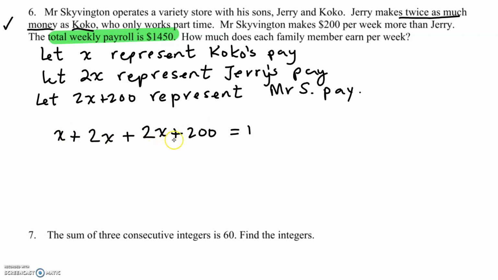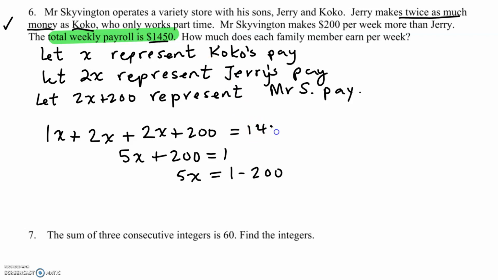And I'm going to collect like terms. So I have X plus 2X plus 2X. I'm going to put a 1 here. So 1 plus 2 is 3, plus 2 would be 5X, plus 200 equals 1. And now I'll move the 200 to the other side. So I would have 5X equals 1 minus 200. Oops, I realized I made a mistake. I said it equals 1. It should equal $1,450.